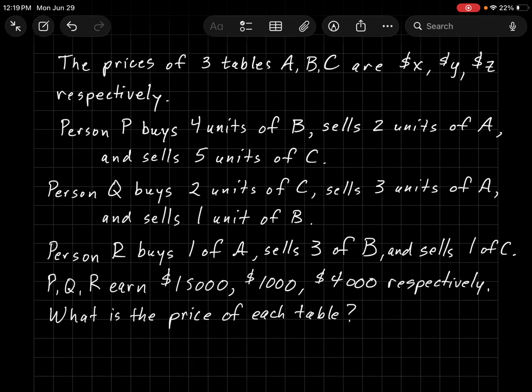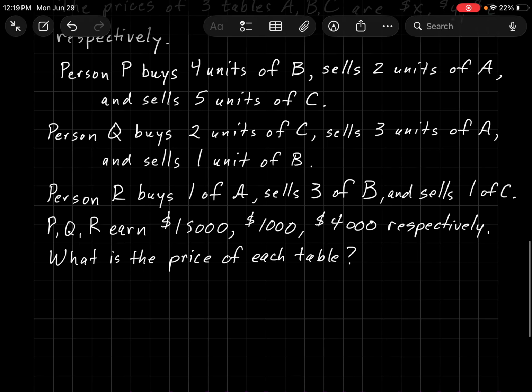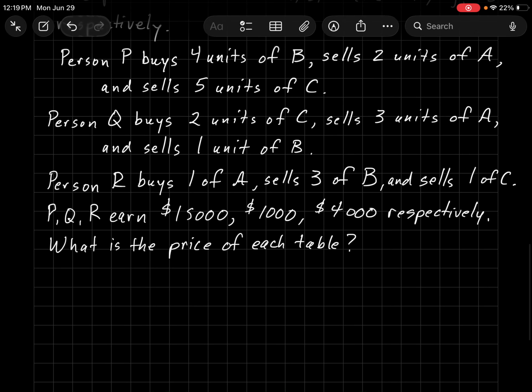Okay, once again, we have three unknowns, which are going to be X, Y, and Z. I know there's a lot of letters going on, A, B, and C, and P, Q, and R. But the variables we're going to solve for are X, Y, and Z, because we're trying to find the price of each table. I have three unknowns. I'm going to need three equations. And I have three pieces of information. So let's set up a system of equations.